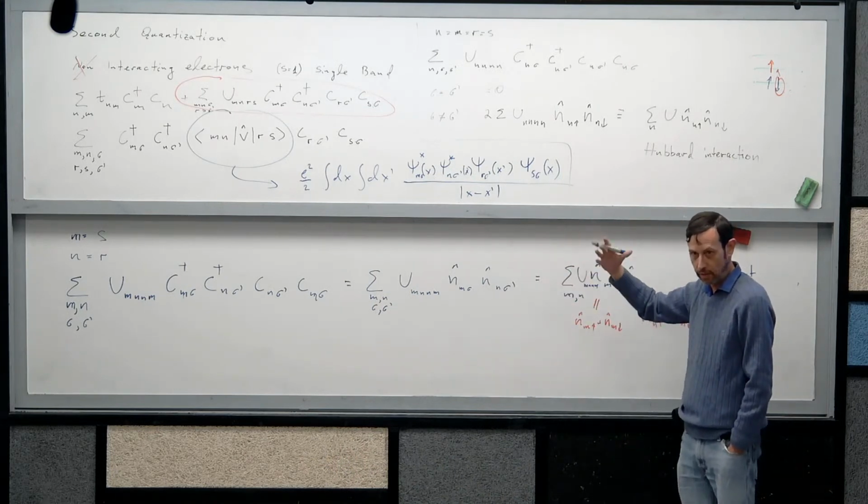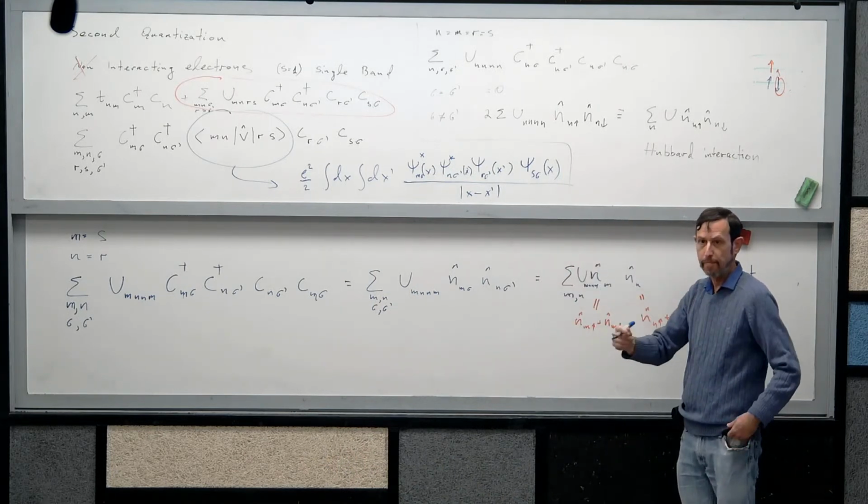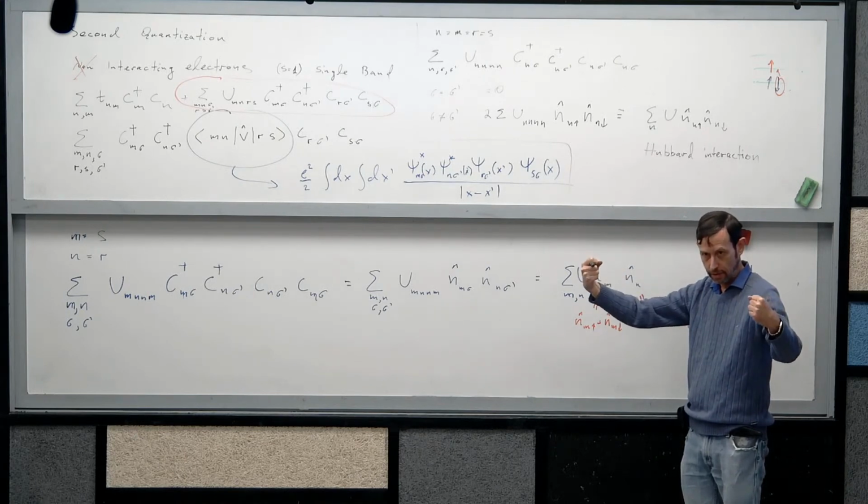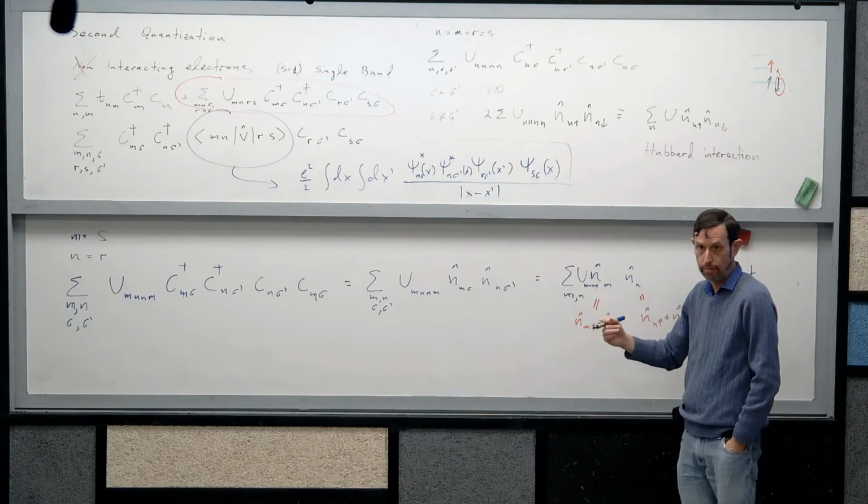It's there. If you are taking only one element, take the Hubbard term. Now I'm looking at additions. So Hubbard is point on point. This is two different points, but still it's a contribution.